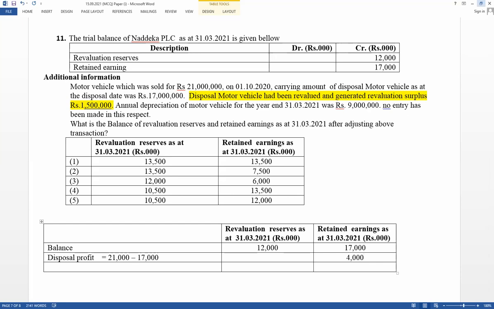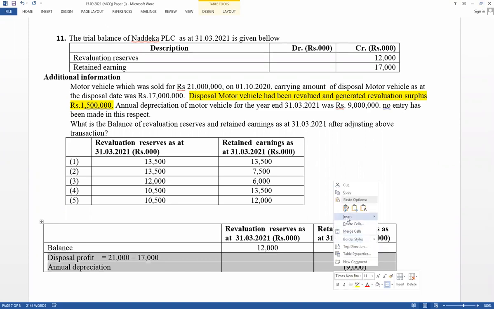Disposal profit included in income statement, effect for retained earning increase, as well as annual depreciation is given. Annual depreciation expense as a result of depreciation, profit decrease. Therefore, it is also effect for retained earning columns. Minus value equal 9,000.